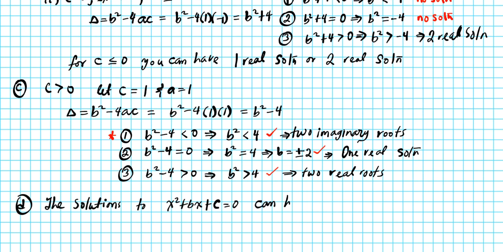Can have imaginary parts when condition 1, b is equal to 0, or condition number 2, where c is greater than 0. So these are the two conditions that could result in this particular quadratic equation having solutions with imaginary parts.